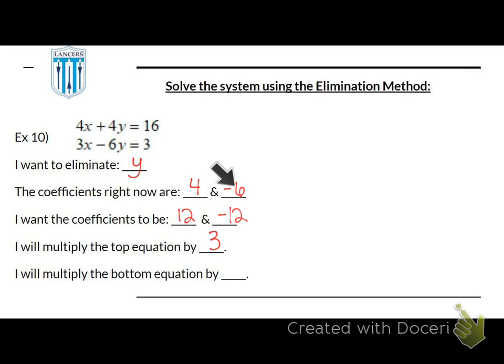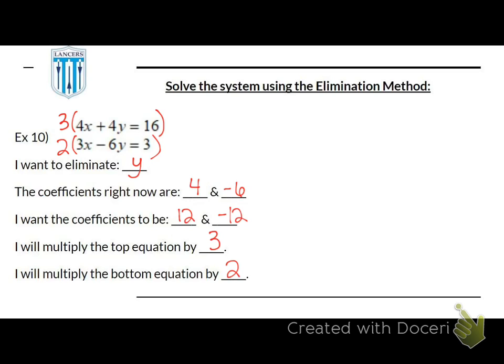If I'm trying to make negative 6 into negative 12, I will multiply the bottom equation by 2. So I will multiply the top equation by 3, and I'm going to write that in parentheses. I will multiply the bottom equation by 2, and I'm going to write that.